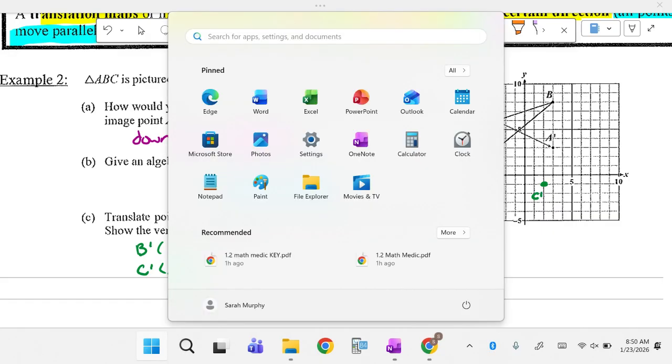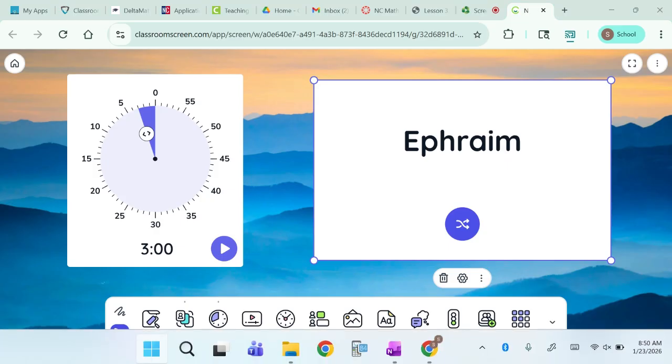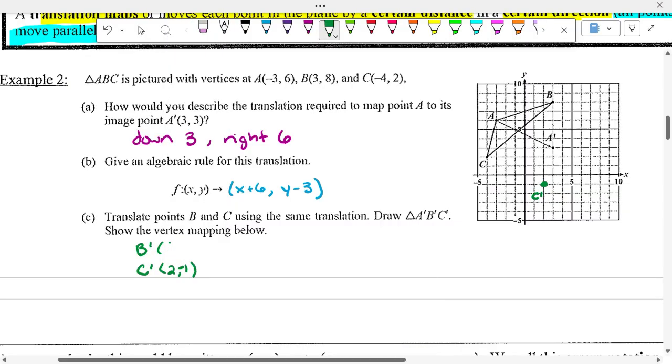All right, so what'd you get for B prime? Let's go with Ephraim. 9, 5. Good. So 3 plus 6 is 9. 8 minus 3 is 5. Let's check it on the graph. We go down 1, 2, 3, over 1, 2, 3, 4, 5, 6.